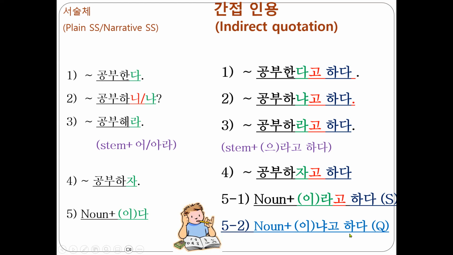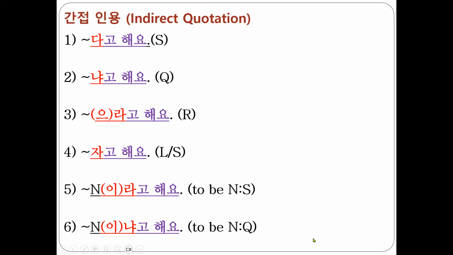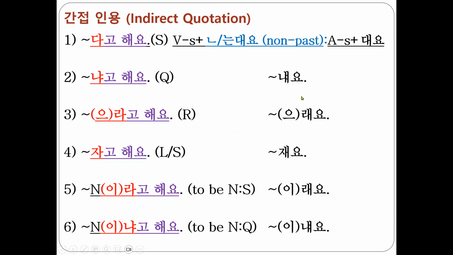Be careful. The common way that we use in casual conversations is a shortened form, right? So I'm gonna introduce the shortened form. Shortened form: 뭐뭐다고 해요 becomes 뭐뭐대요. But pay attention in case of the present tense or non-past tense.